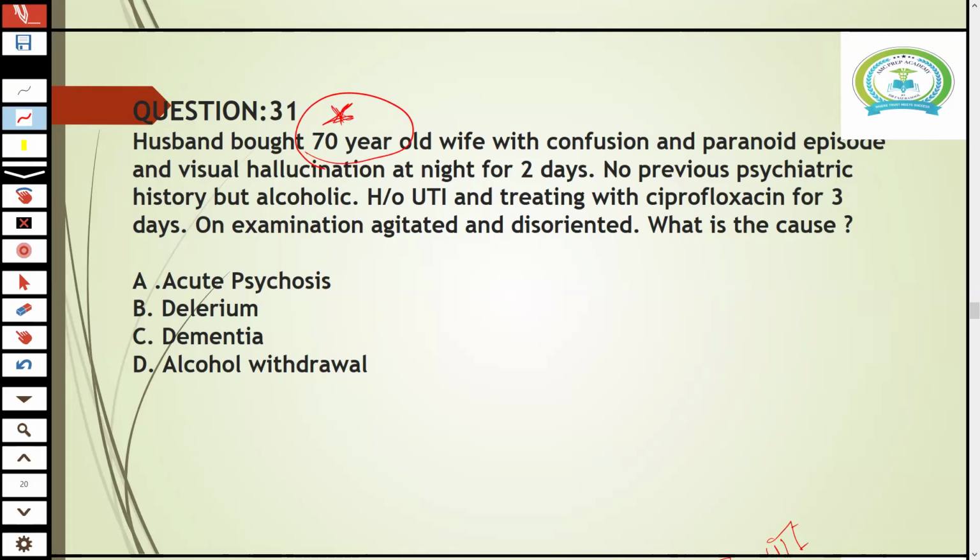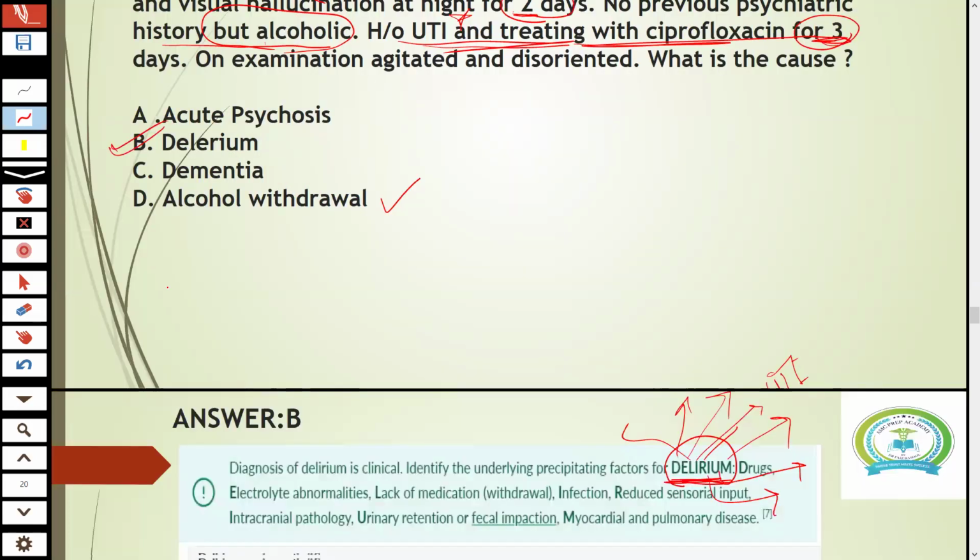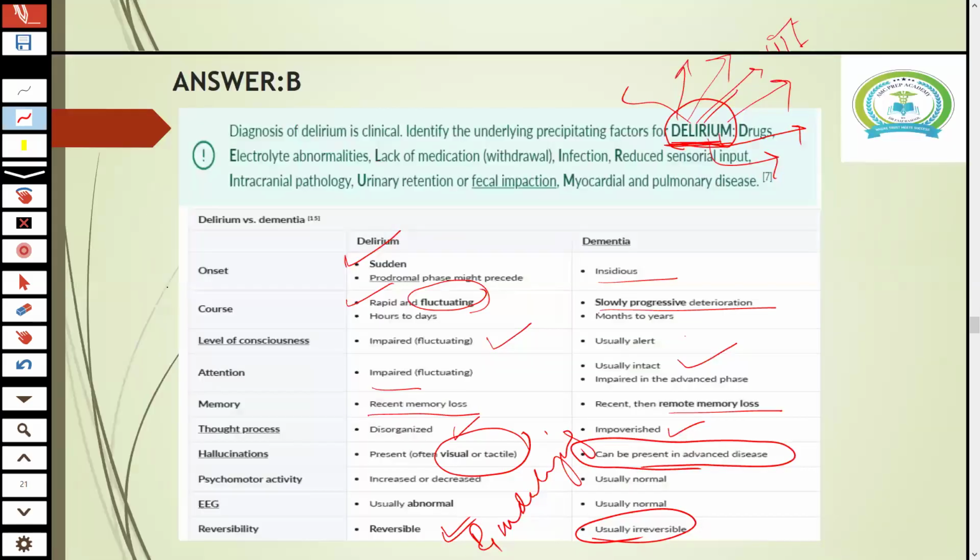We don't know about the withdrawal, so how can we say it's alcohol withdrawal? We only have the history that she is alcoholic. And they gave an important clue, that there was a history of UTI being treated with Cipro for 3 days, and these symptoms came in these 2 days. So that's why it's pointing us more towards delirium. I hope you are clear now with this.